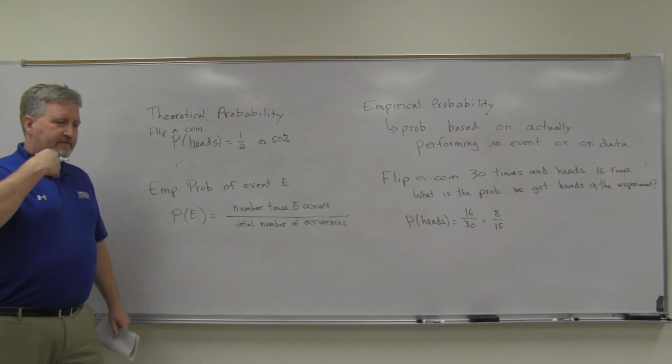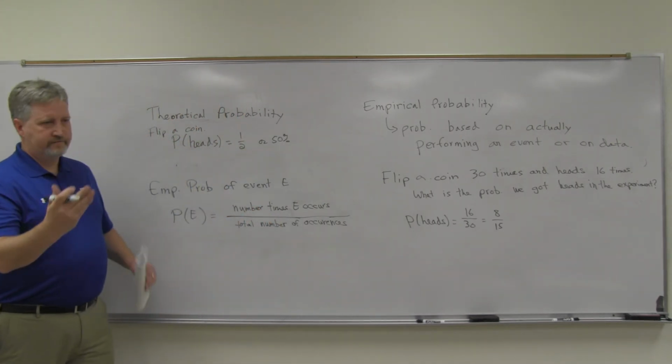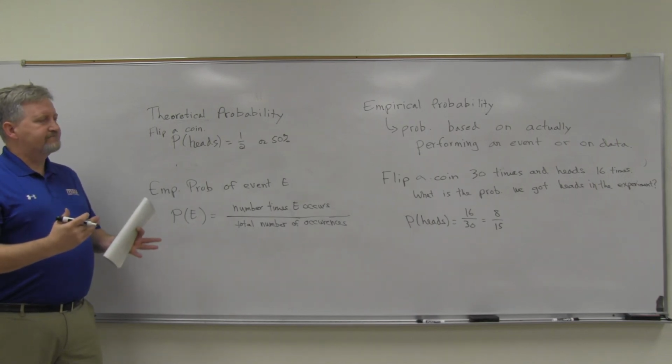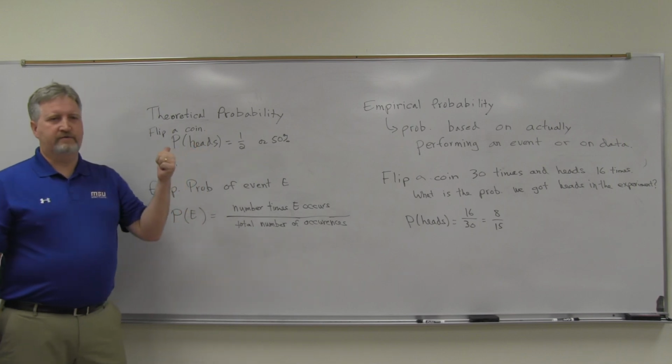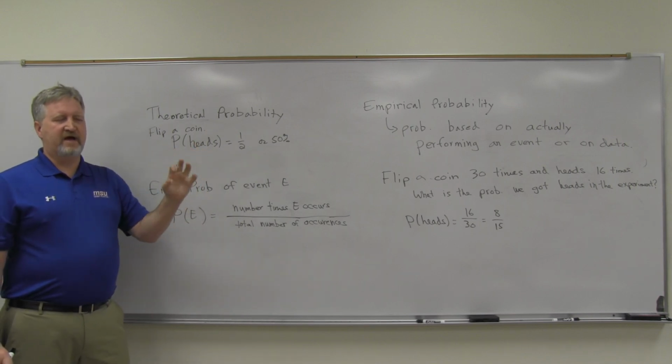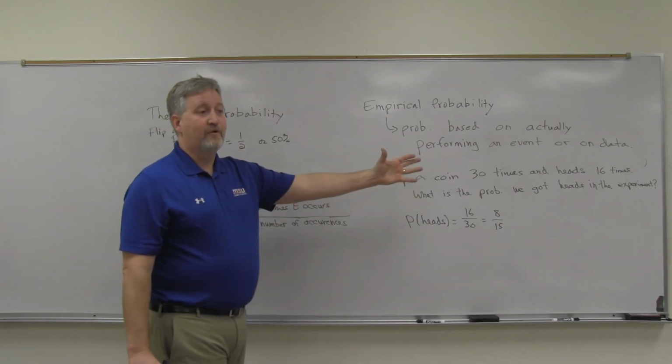Now, the thing we like to say, though, is how can we kind of guarantee more the empirical matching the theoretical? How could we get those two to match up better? Probably do it more often, right?